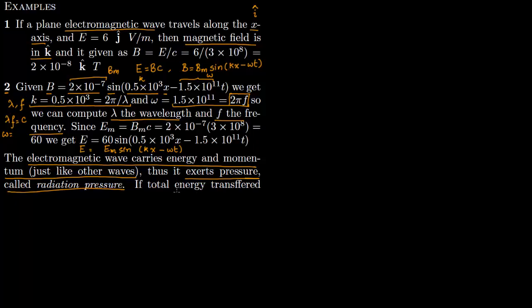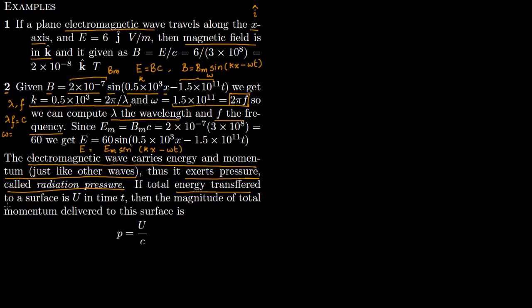If the total energy transferred to the surface is U in a given time t, then the magnitude of the total momentum P delivered to the surface is given as U over c. Here c is the speed of light, a constant, 3 into 10 to the power of 8 meters per second.